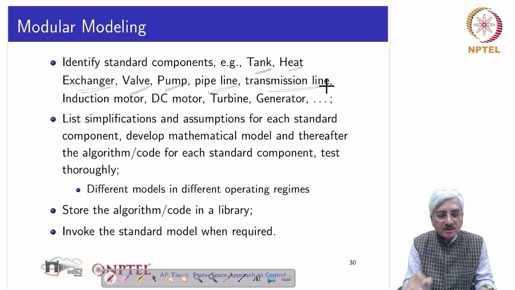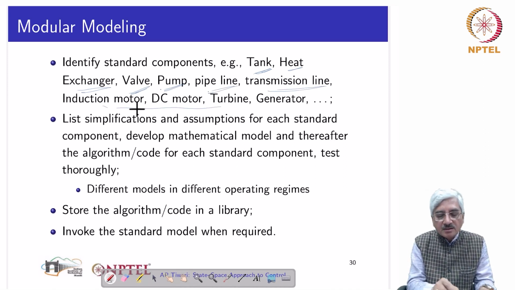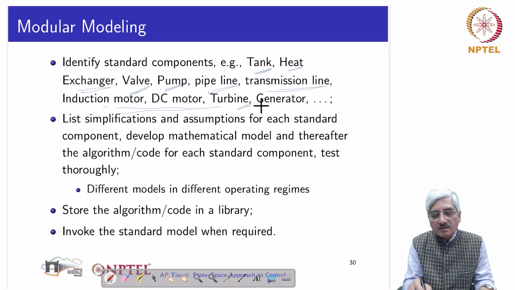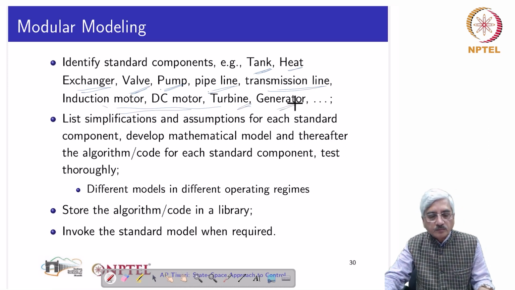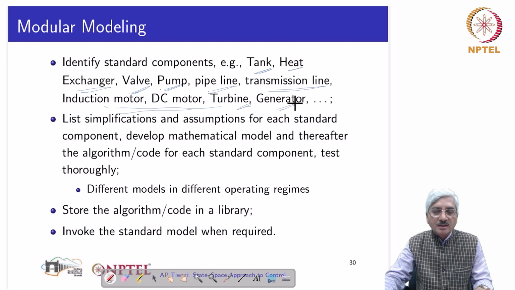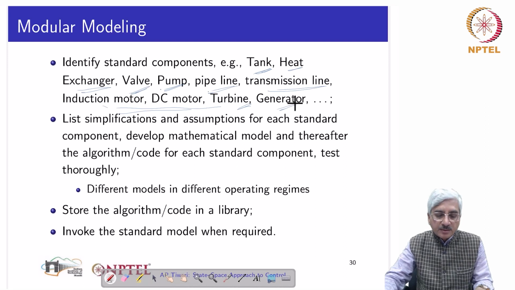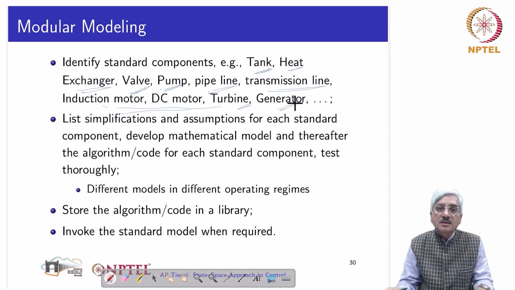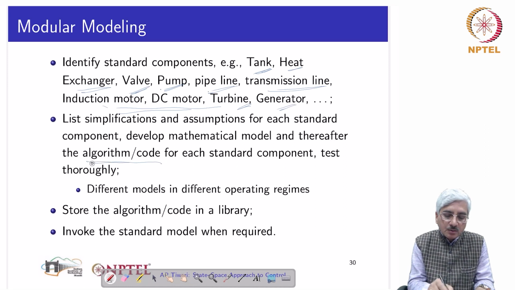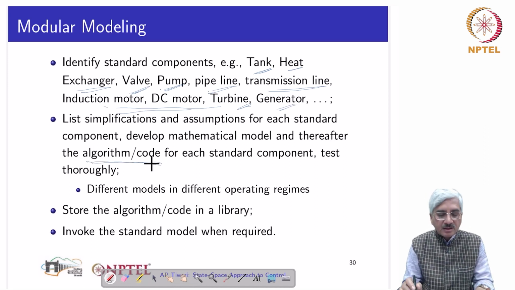Electrical systems will have transmission lines, various kinds of motors, turbines, generators, etc. So these components, which are found in almost every type of system, their models can be developed separately. Their simplifications and assumptions can be stated, and all these along with their algorithms or codes can be kept in a library.